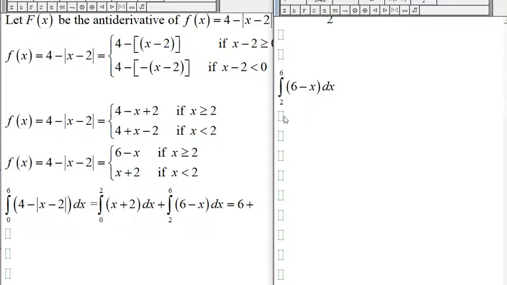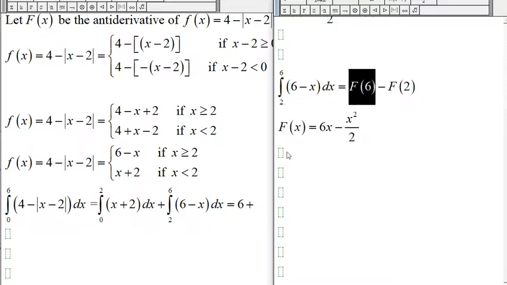Now let's do the other integral. The fundamental theorem of calculus says this is the antiderivative evaluated at 6 minus the antiderivative evaluated at 2. The antiderivative of the constant 6 is 6x, minus x to the first, so add 1 to the exponent, divided by 2. We need f of 6 and f of 2.